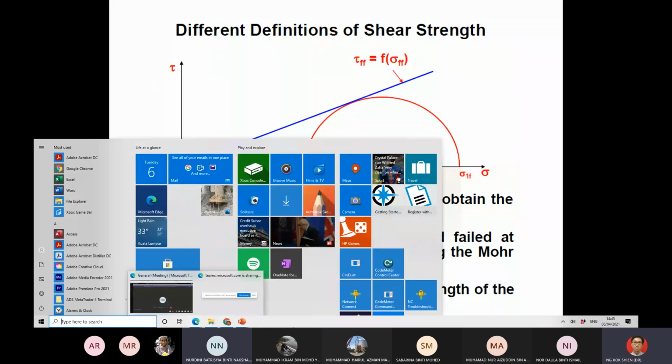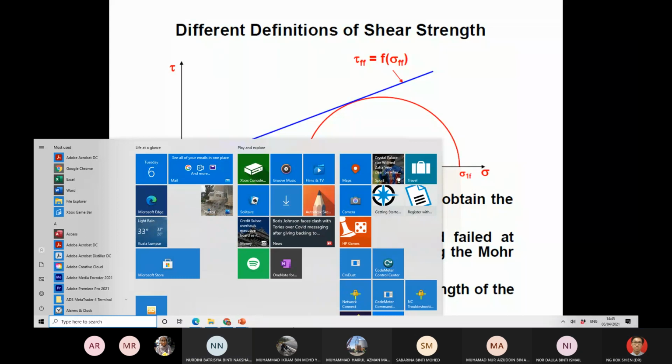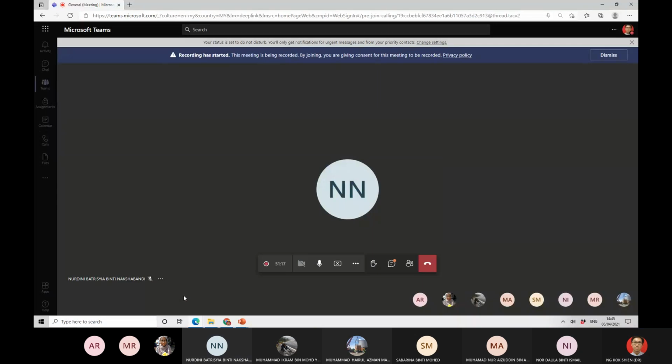Confined undrained test? No, the first term is not correct. Try again. Consolidated undrained test.